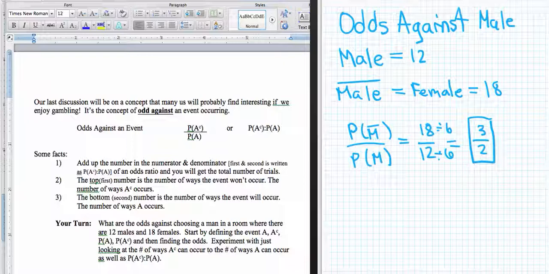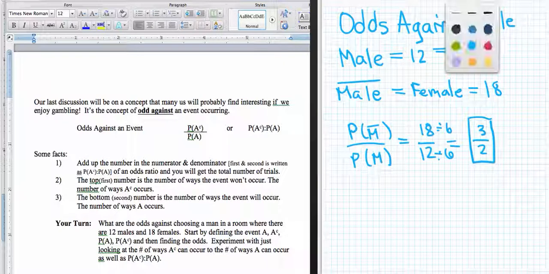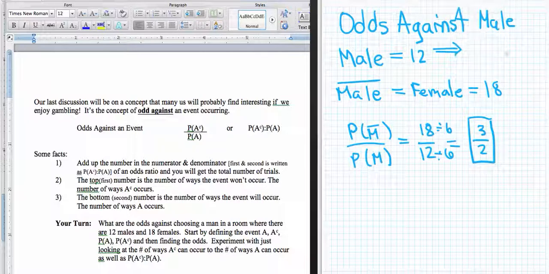But we wanted to start by defining A complement, the probability of A and the probability of A complement. So we really should have found this, and then from there said, okay, well, what's the probability of, let's see, let's go with the black here.